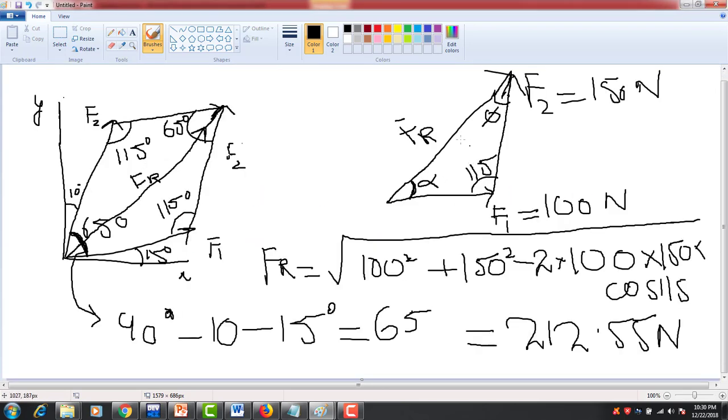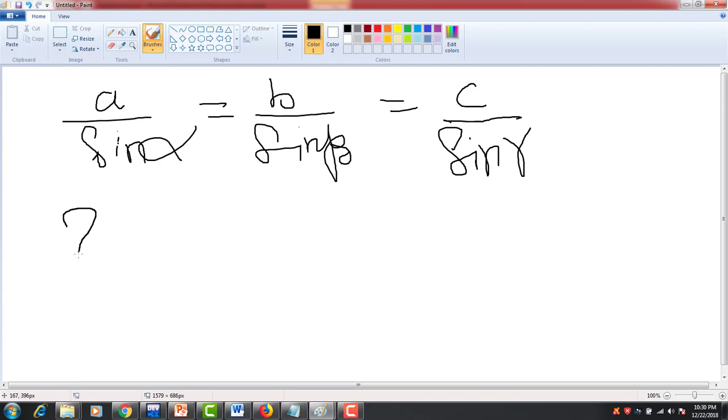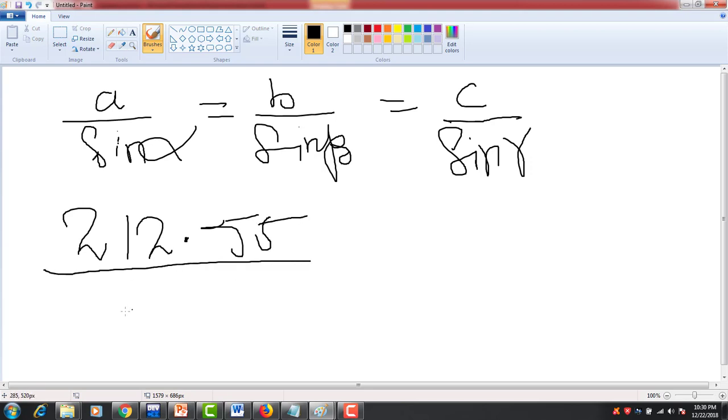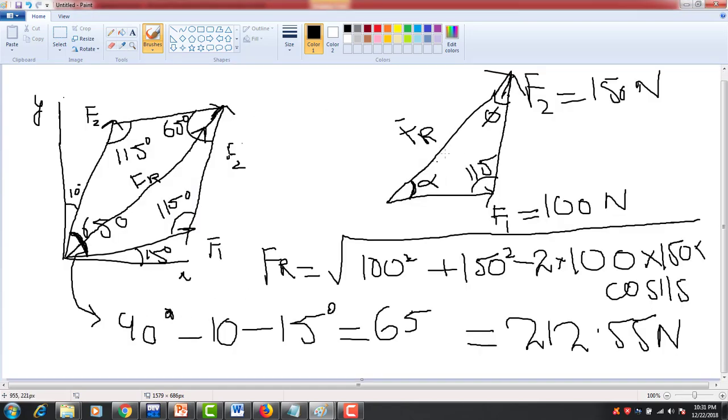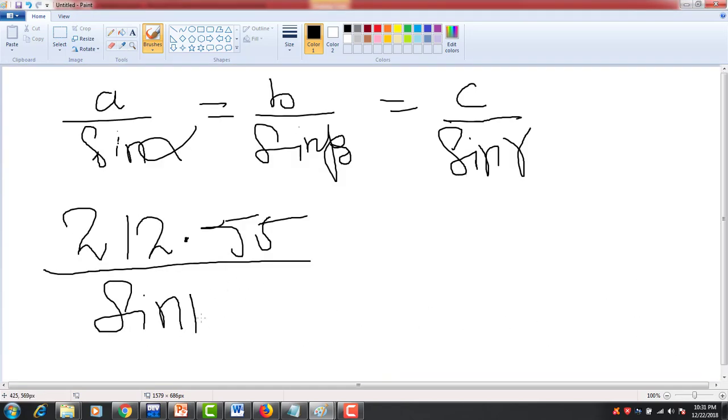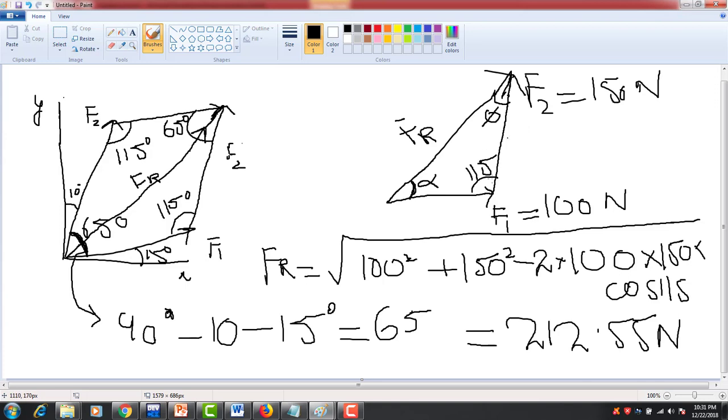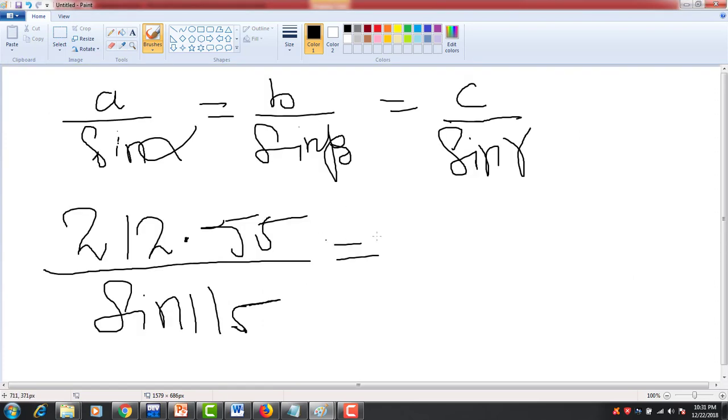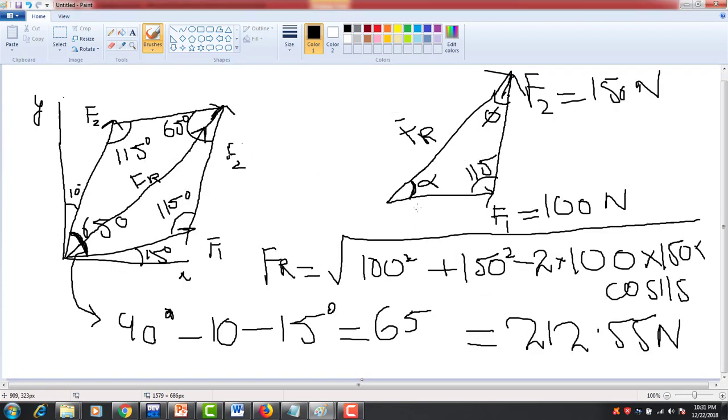So FR is equal to 212.55 divided by sine 115, and F2 is equal to 150 Newton, and the opposite angle is alpha, sine alpha.